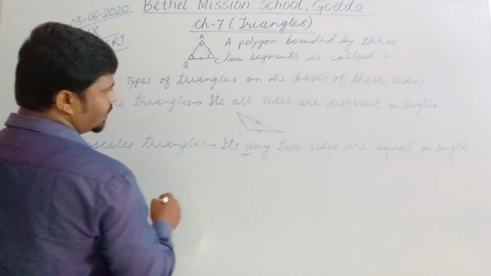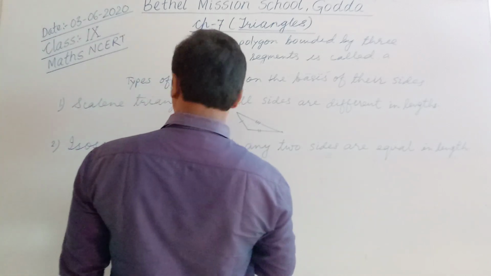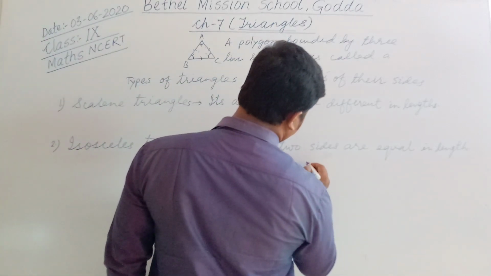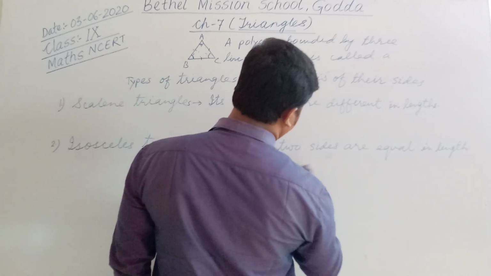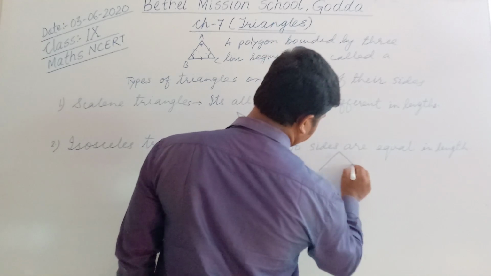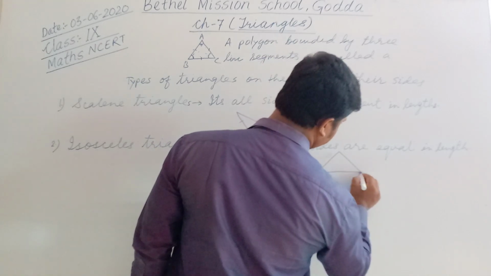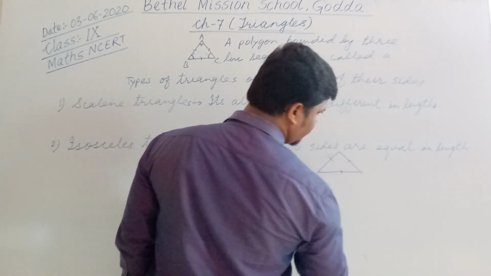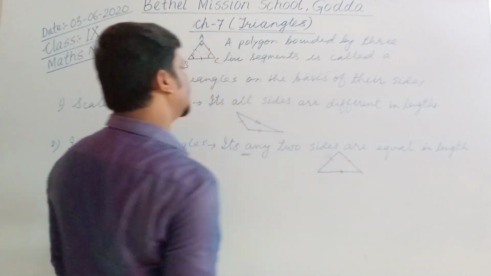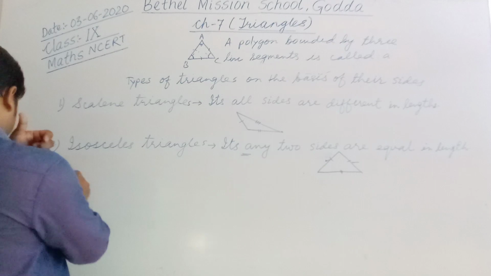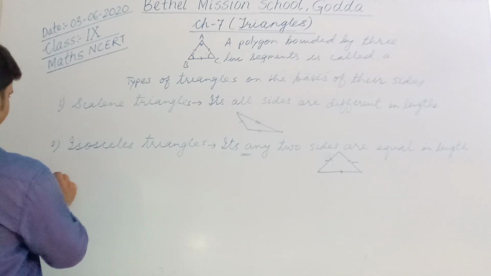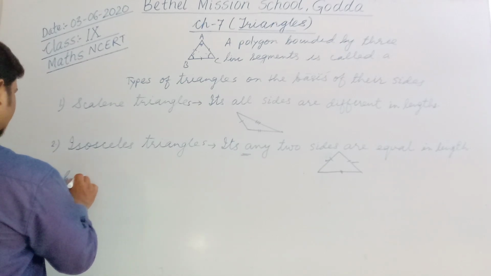So that type of triangles are called isosceles triangle, and you can see the figure. These two sides are equal, so that's why that type of triangles are called isosceles triangle. Third is equilateral triangle.